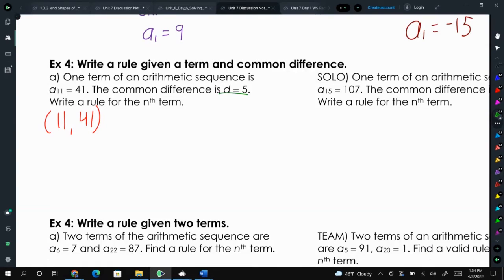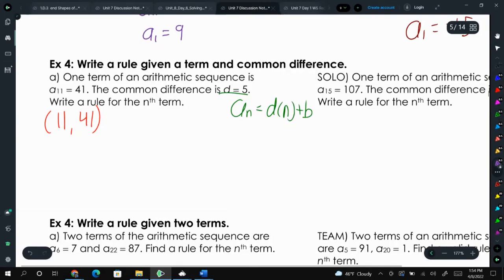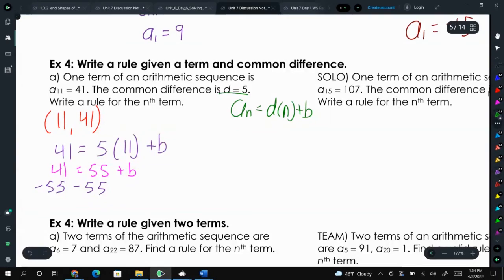So our formula, I'll write it up here, a of n equals d times n plus b. Well, a of n is 41, and that equals my common difference, which is 5 times 11 plus b. 5 times 11 is 55. So 41 equals 55 plus b. And when we subtract 55 from both sides, that's going to give us negative 14.